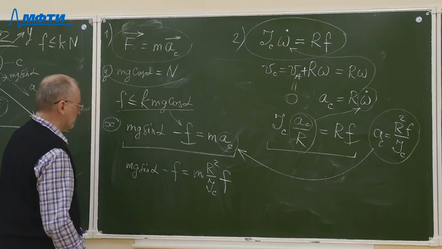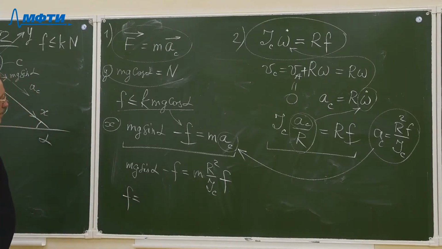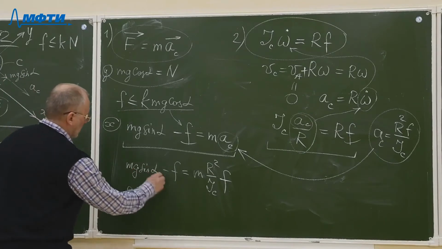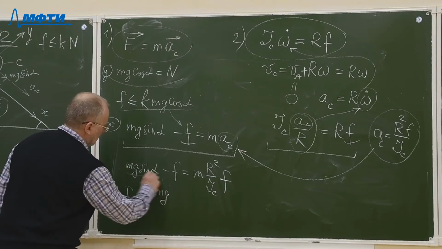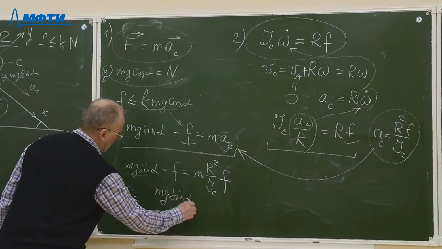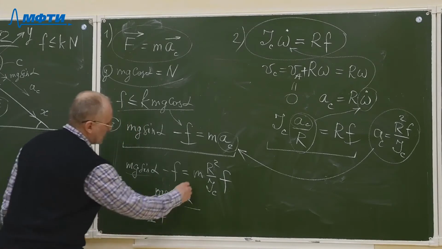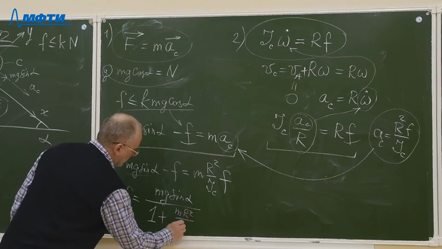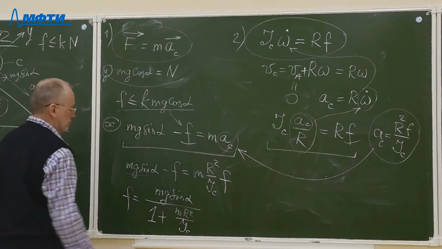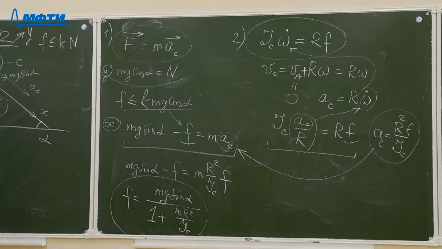And from here we can find f, which will be mg sine alpha divided by 1 plus mr squared divided by the moment of inertia. That's the force of friction.